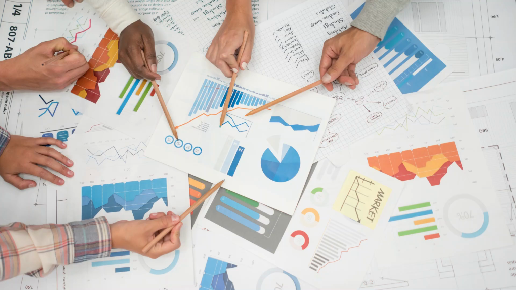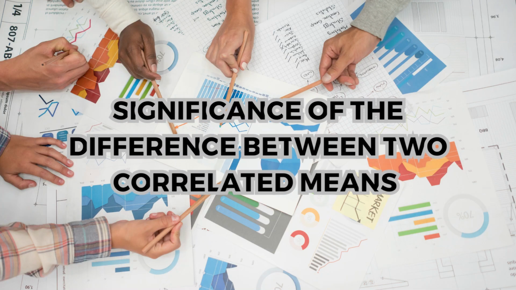Okay, after discussing the independent sample t-test for the large sample and for the small sample, now we are going to talk about the significance of difference between two correlated means. What does it mean?